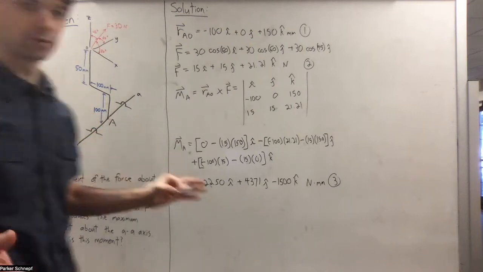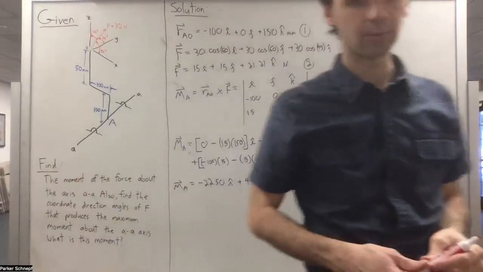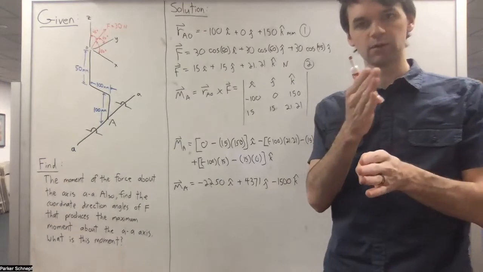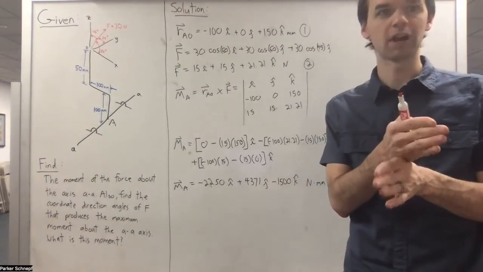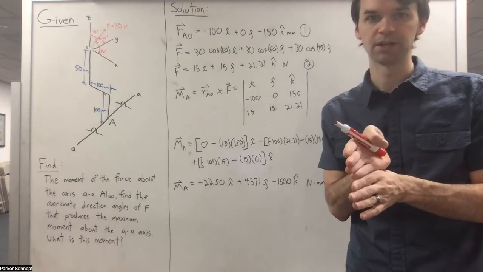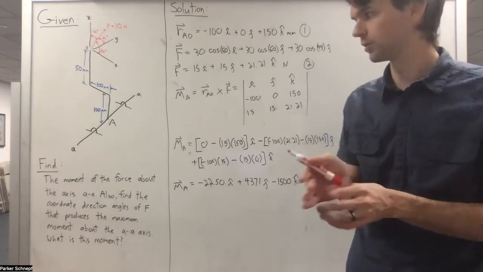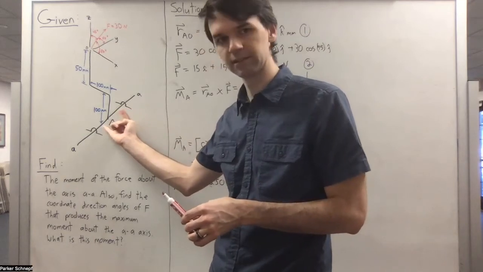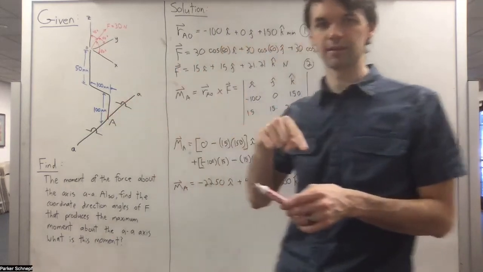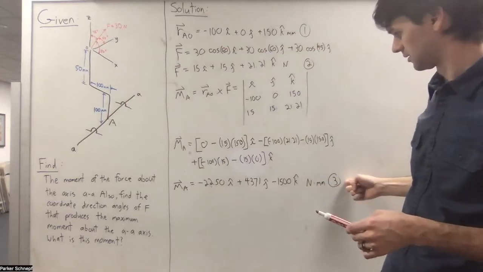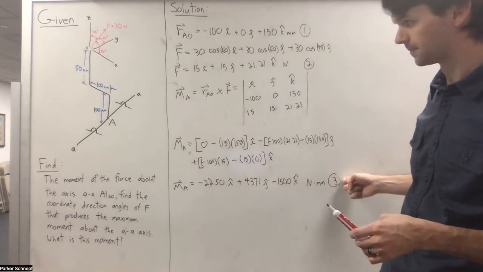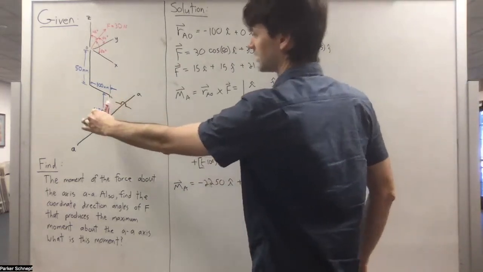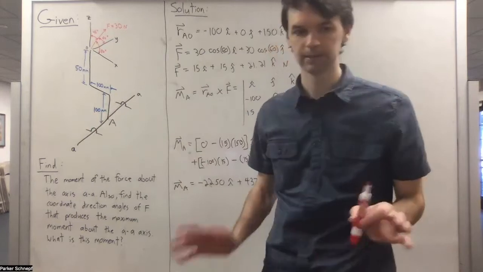So we've seen this before with the dot product, right? We can use the dot product to find how much direction a vector shares with another vector. So what we want to do is find the unit vector for the axis AA, and dot that with this moment about point A. And that will tell us how much of this vector, which is going in this goofy direction, is actually causing a twist about the axis. That's what we're trying to solve.